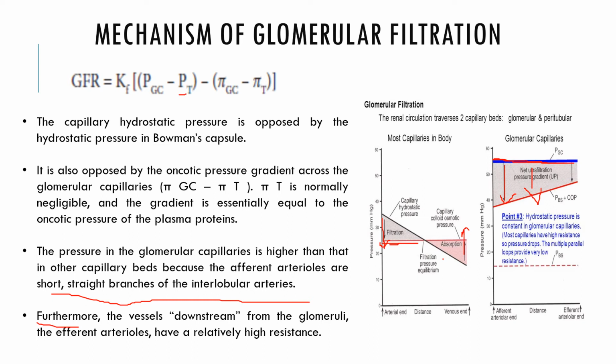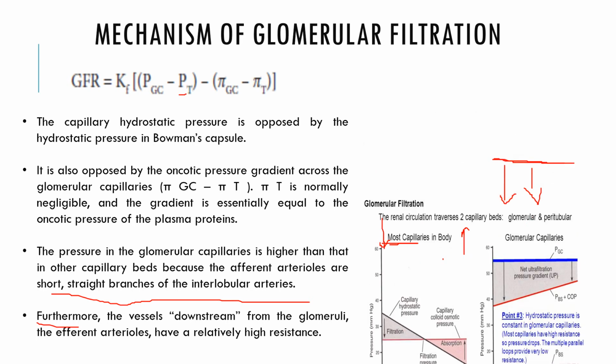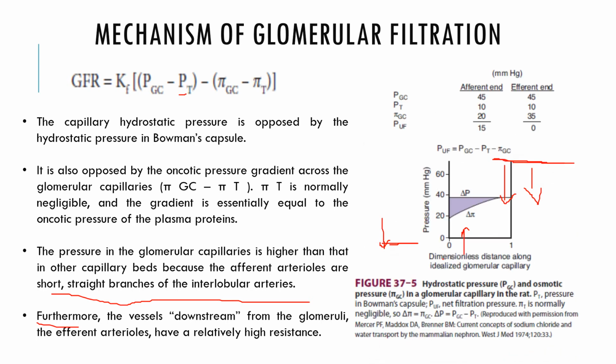Now this is caused by the high resistance of the narrower efferent arterioles, which do not allow the filtration force to fall along the length of the capillaries. Under normal circumstances, what are the forces at different levels of the glomerular capillary?